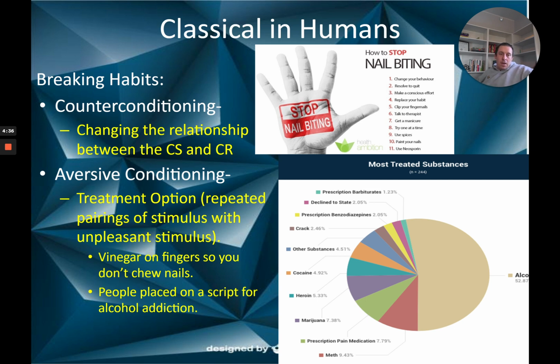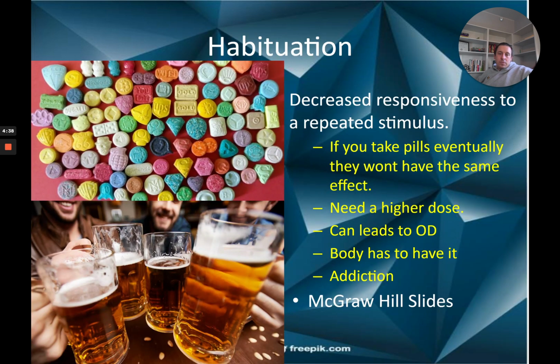Those are some things used to break habits. As we go forward, there's another thing called habituation, which is another fancy word for tolerance. Habituation means that you can have learned behaviors, but at some point you're going to have to up that learned behavior to get the same effect.